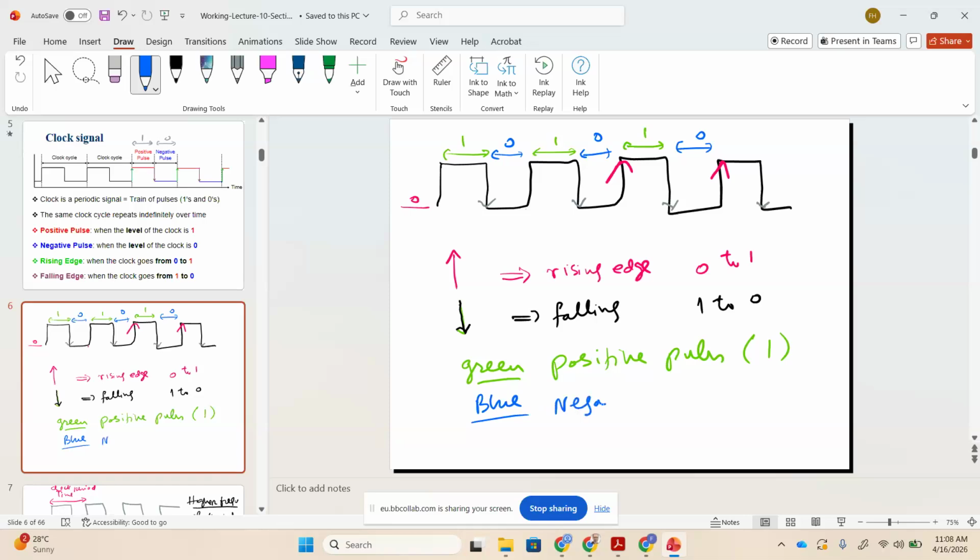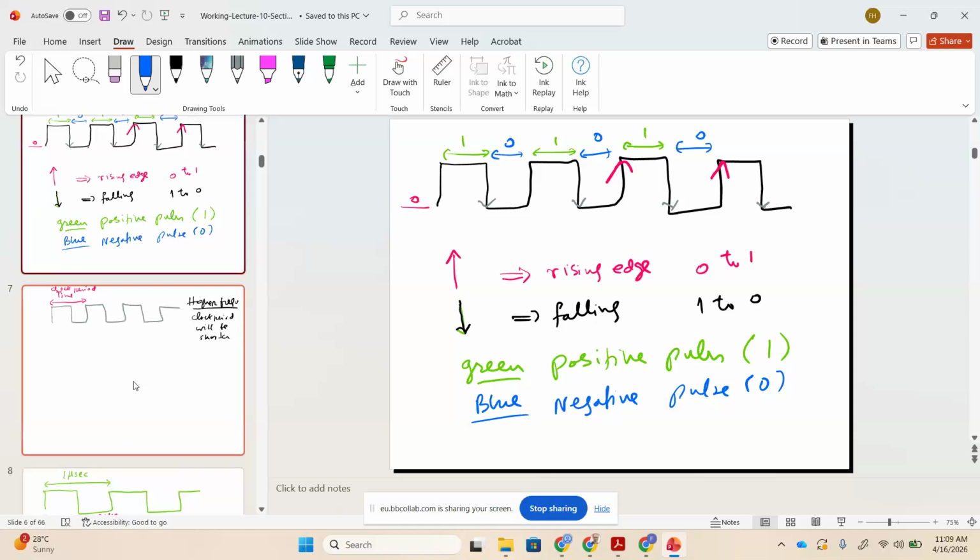What is your good name? Abir. Abir has the second. Negative pulse is 0. So this is how it works. Now we have a clock, and based on this clock we have a positive pulse, a negative pulse, and a transition that we call a rising edge of the clock, or a falling edge of the clock. So these are 4 different things.